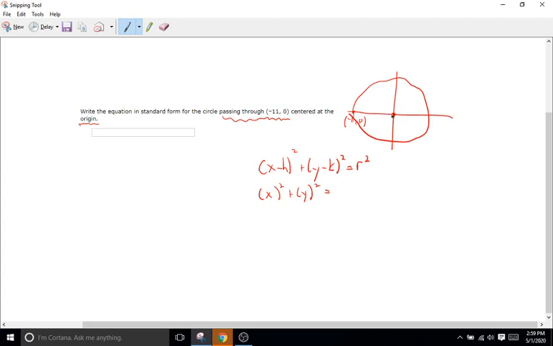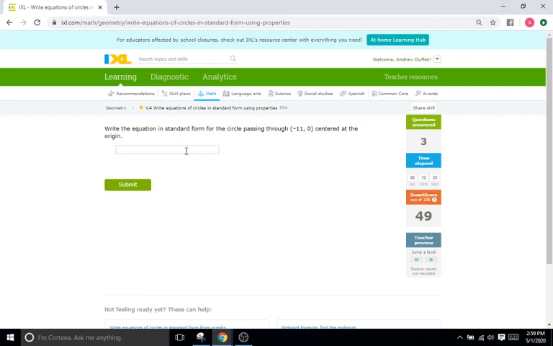So our r is the radius. So the distance from the center of the circle to the end of the circle, so from 0 to -11, is just 11, so 11 squared. So really this is saying x squared plus y squared equals 11 squared, or 11 times 11 is just 121.